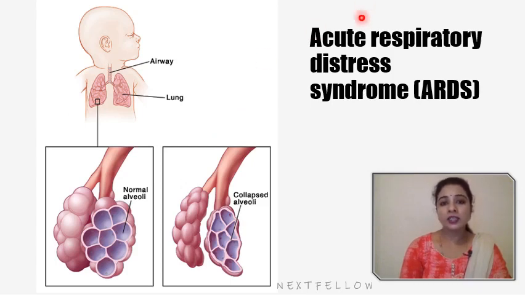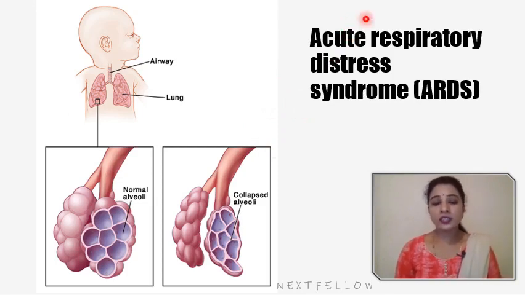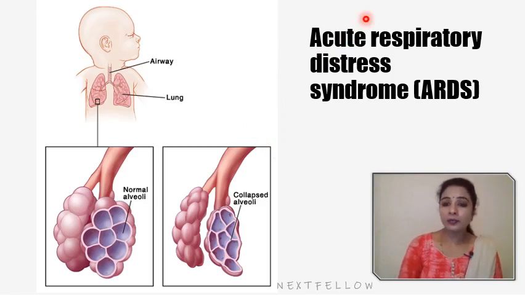This condition is common in premature infants, and the most common cause of respiratory distress syndrome is a deficiency of surfactant because of underdevelopment of type 2 alveolar cells. If type 2 pneumocytes fail to develop, this results in respiratory distress syndrome.